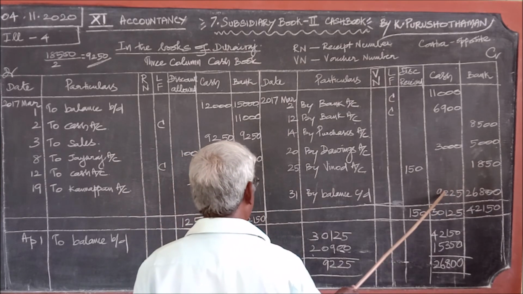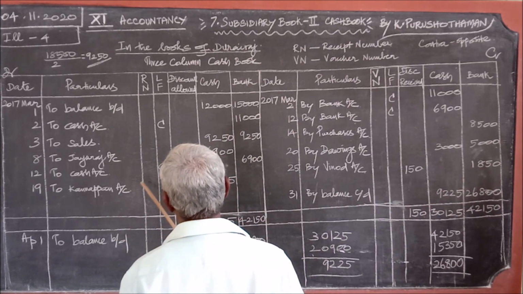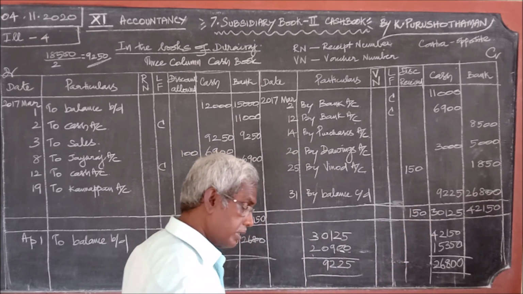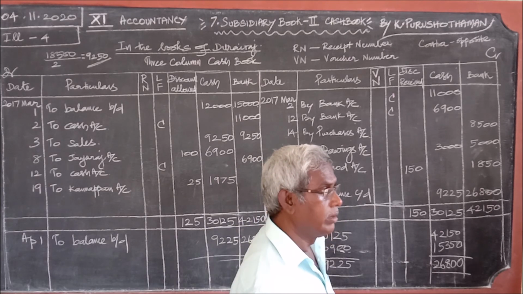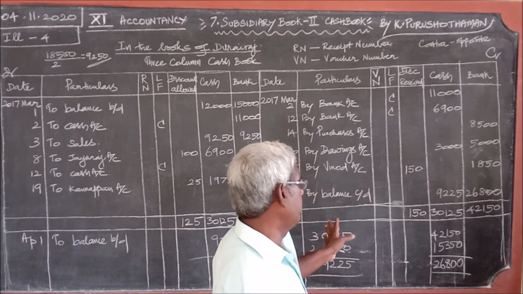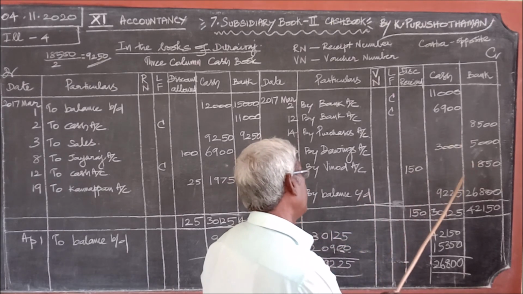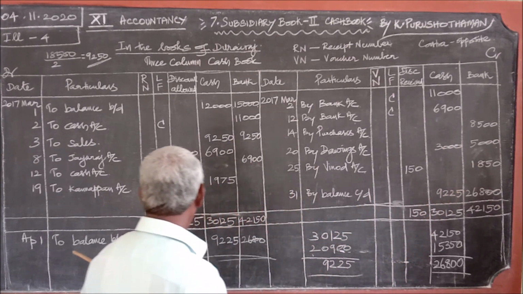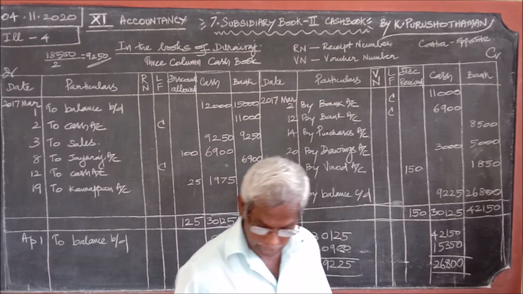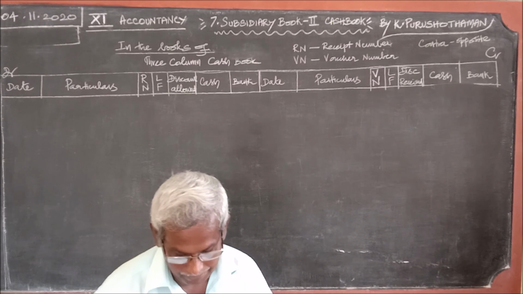Then for this carried down, you will write the brought down here. For this carried down, you will write the brought down on the opposite side. Such an occasion may arise, but in this problem both the carry downs are on the credit side, therefore the brought down will appear on the debit side.